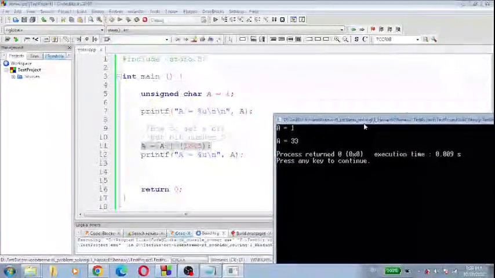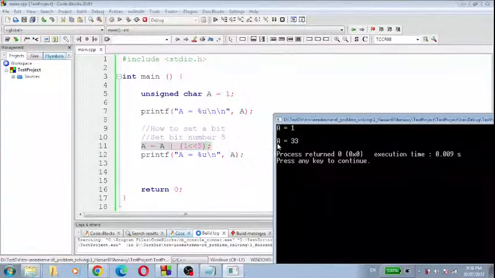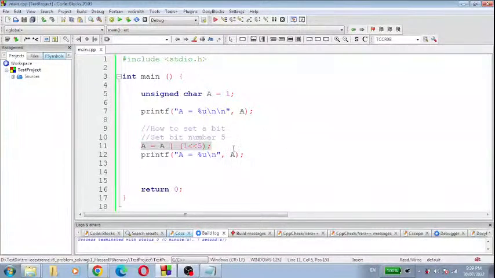We have the same result as before. A is equal to 33. So now we could achieve our masks using our shift operator. It is very useful and also very simple, simpler than using numbers like 32.